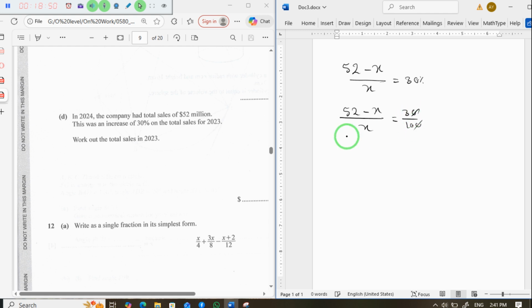Then we simplify it, and we have 52 minus x over x equals 3 over 100. Then we use cross multiplication. We have 100 multiplied by 52 minus x equals 3x.